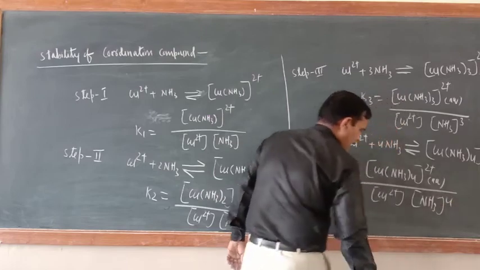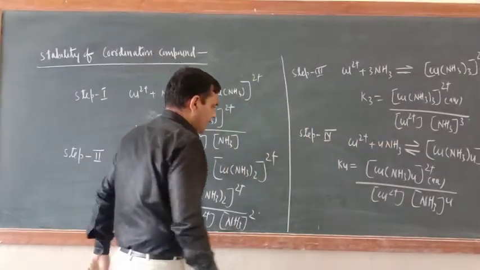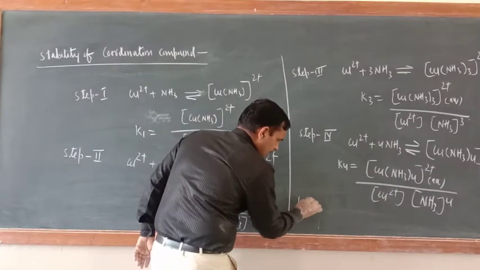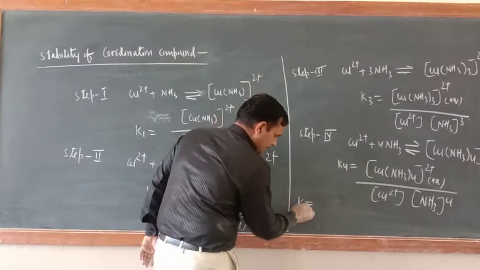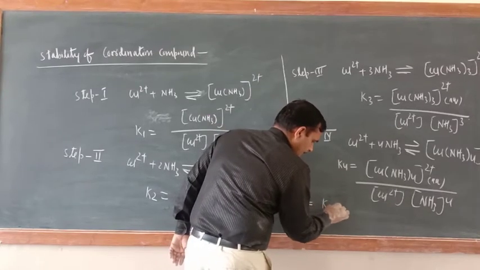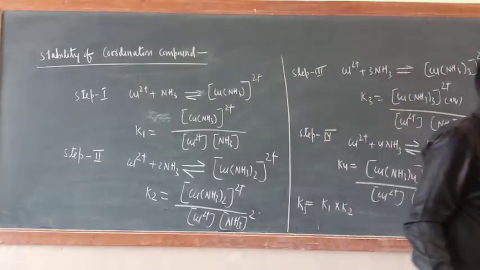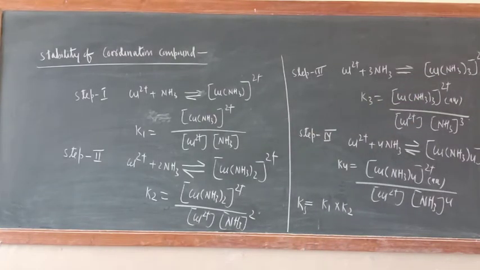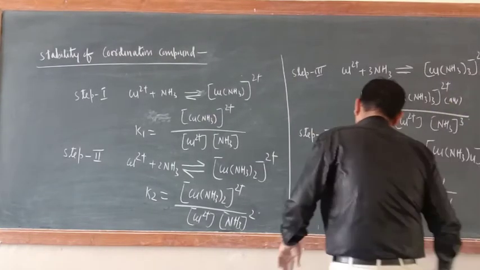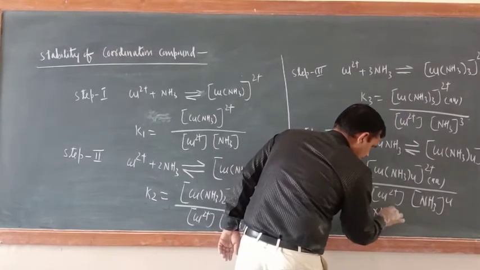Okay, now just see, so actually we have got here K, the overall stability constant, Ks equal to K1 into K2 into K3 into K4.